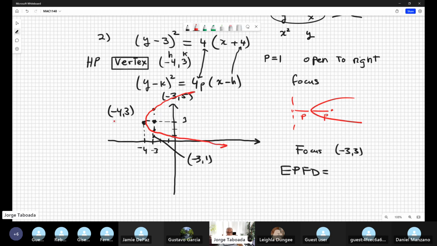Now, I finish? No, I need to declare also the directrix. The directrix is a vertical line, in this case, passing through the same distance p, in this case 1. Therefore, the equation for the directrix is x equals -5. Remember, any vertical line is x equals one number, and this number is -5 because it's p distance from -4, the vertex.